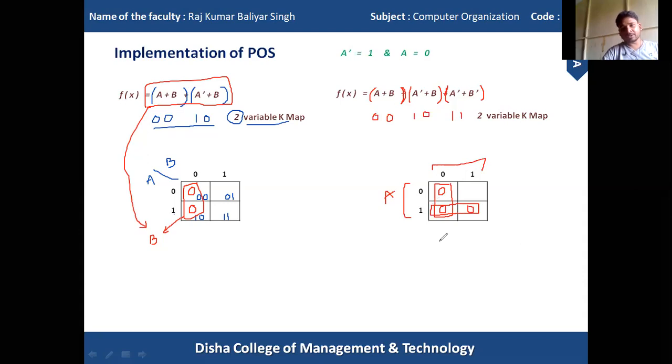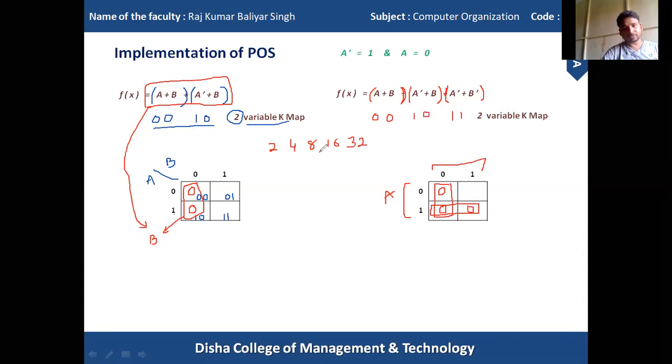And the combination procedure should start with the highest order.